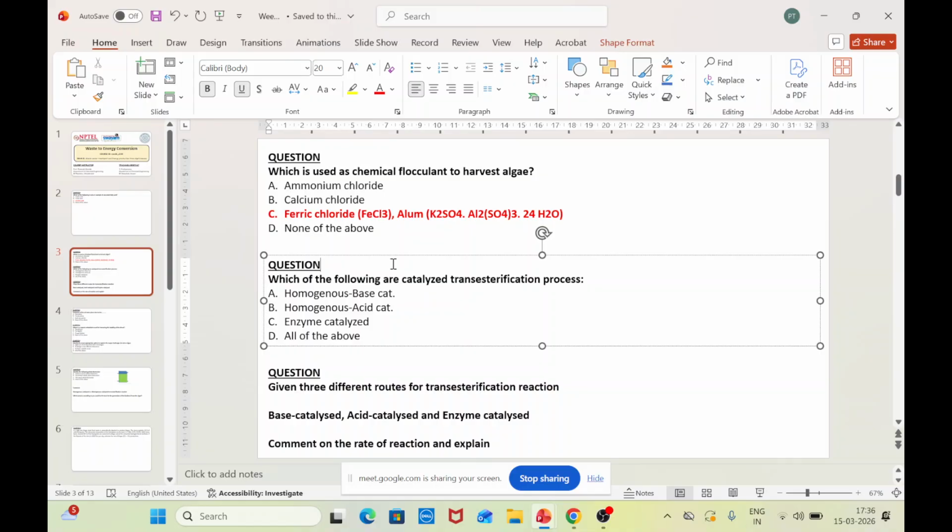So the question is, which of the following is or are catalyzed transesterification process? Is it homogeneous base catalyzed, or homogeneous acid catalyzed, or enzyme catalyzed, or all of the above?